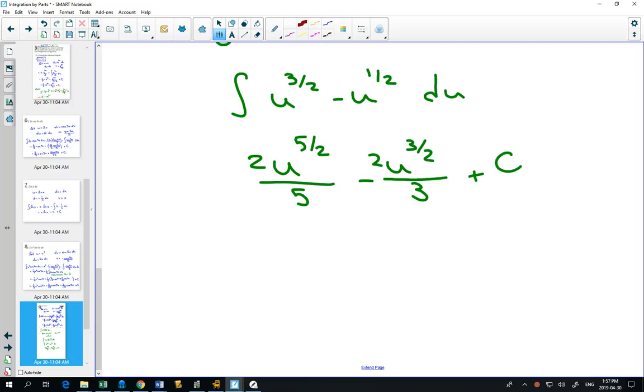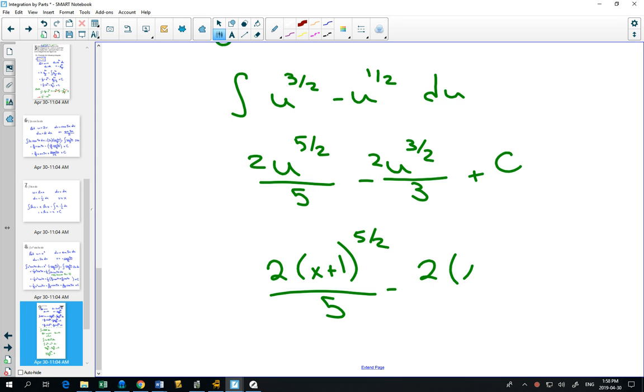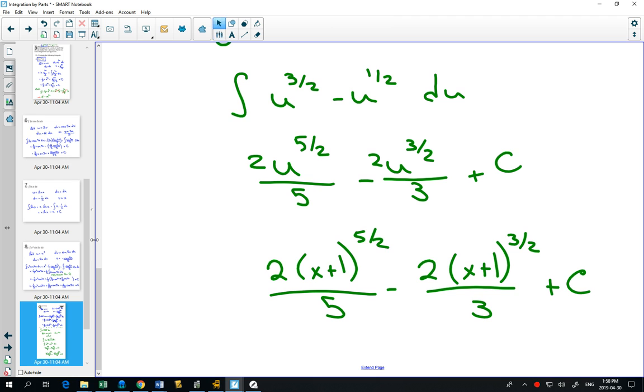And then we can substitute back in what our original u was. And again, the answer doesn't look the same as the other answer, but it is correct as well.